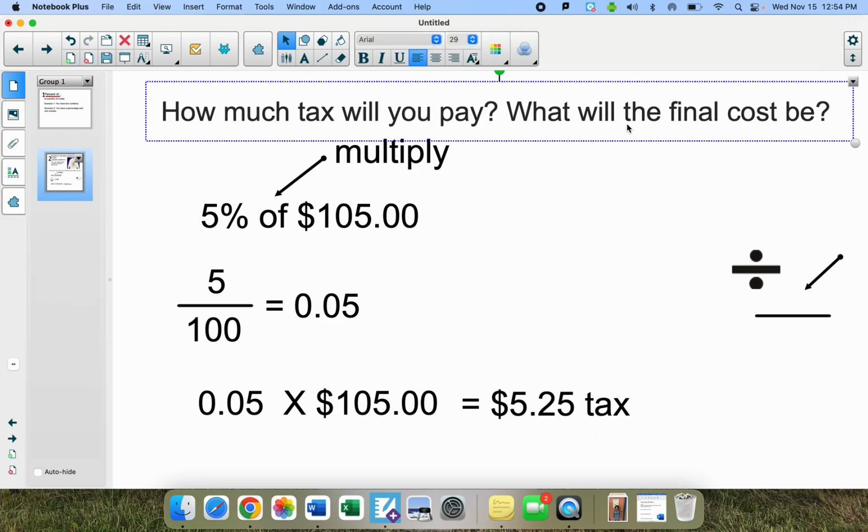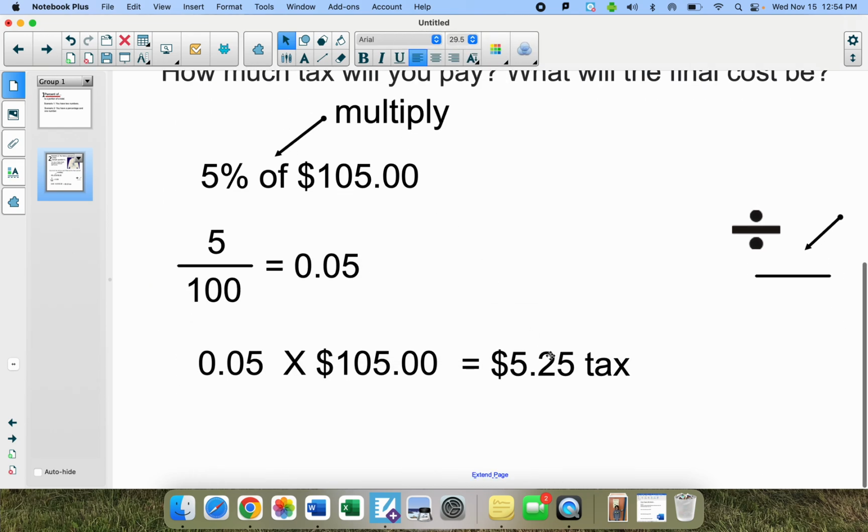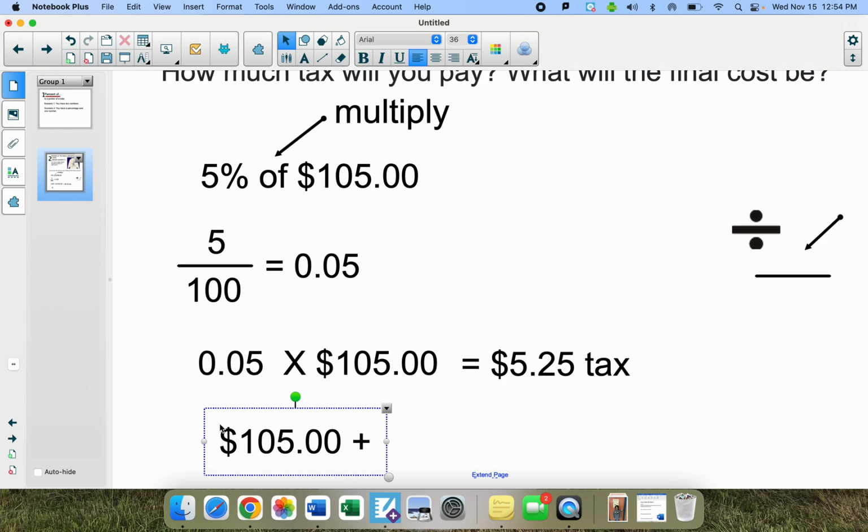So how do we find the final cost? Well, the original cost was $105. The tax is $5.25. If you think you know, hit pause, work it out. If you're not sure, here we go. You take your original cost, and taxes are always add. You never subtract a tax.